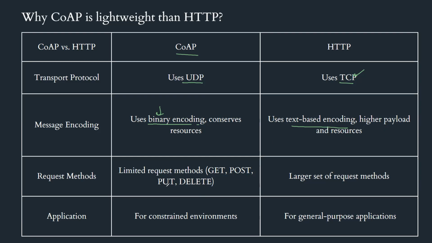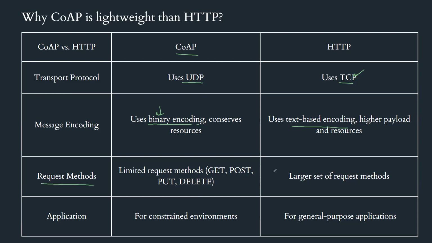And then when we consider the request methods used, CoAP uses the GET, POST, PUT, DELETE request methods. HTTP also uses those four methods, but it has more functions than those four.